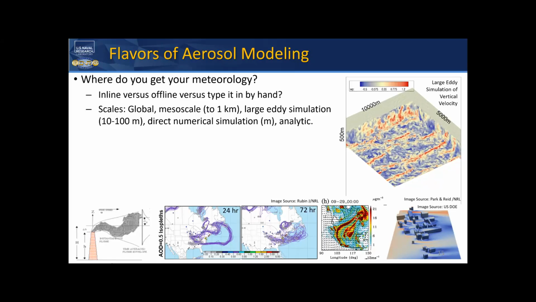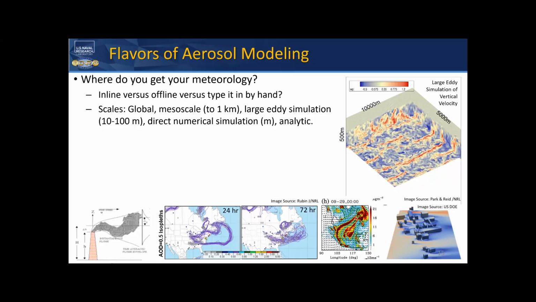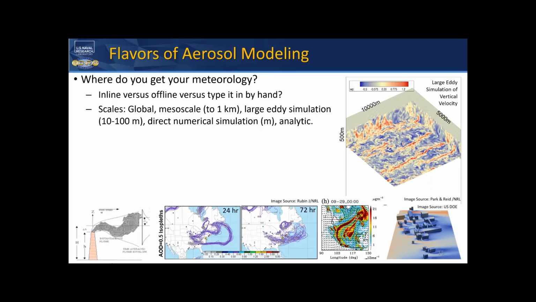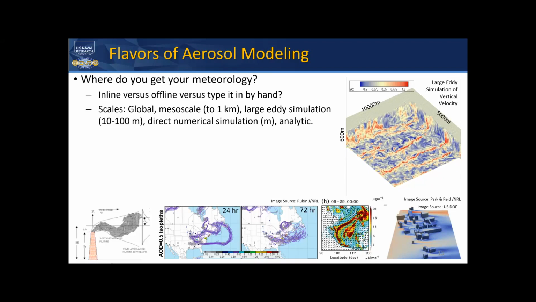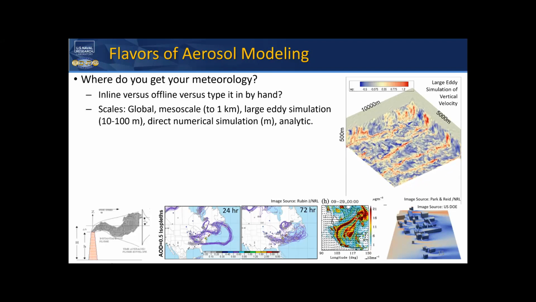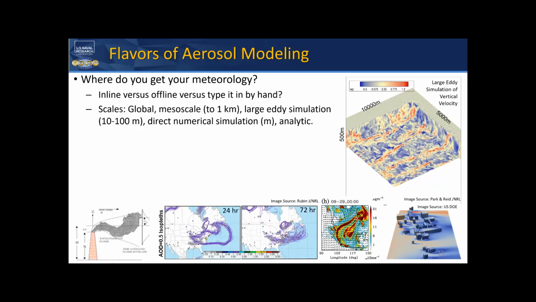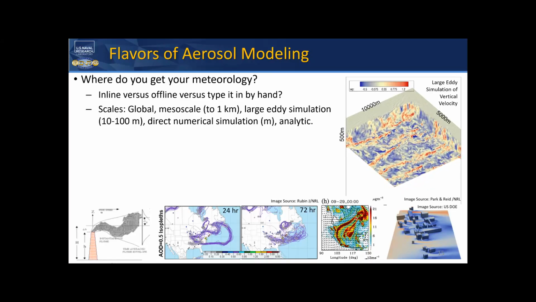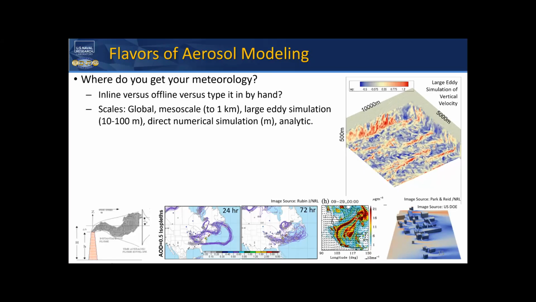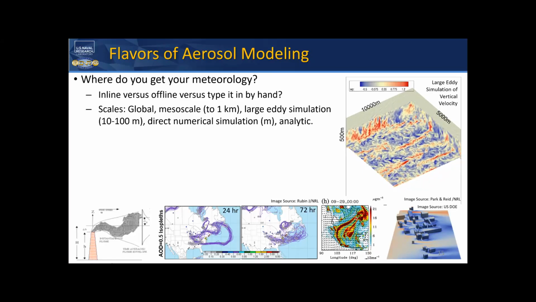From a meteorology point of view, there's this trade space. I can be really large in coarse resolution, or I can go finer and finer resolution, and then I have to reduce my domain. So I'm working on a project with the Navy and NASA where we're trying to run 20-meter grid size over a 150 kilometer domain, right?